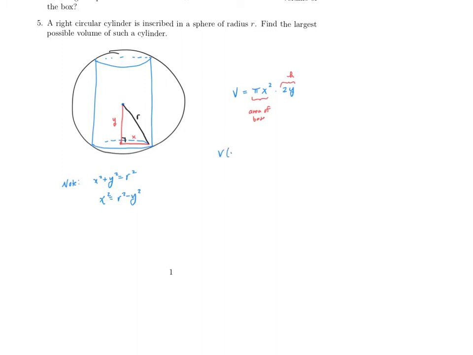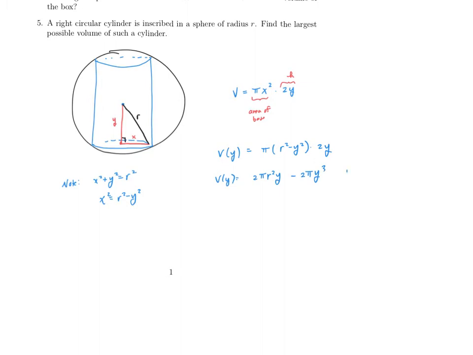So the volume of this cylinder as a function of y is pi multiplied by r squared minus y squared times 2y. And if we go ahead and simplify this down just a bit, we would have 2 pi r squared y minus 2 pi y cubed.